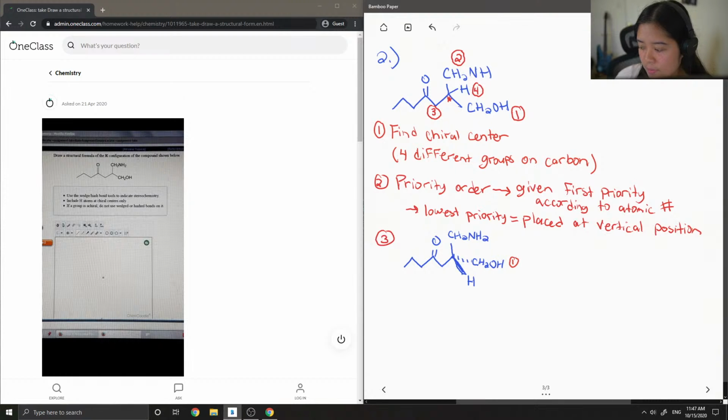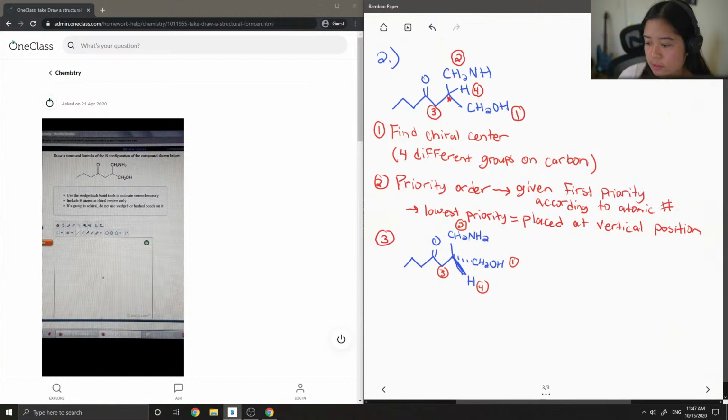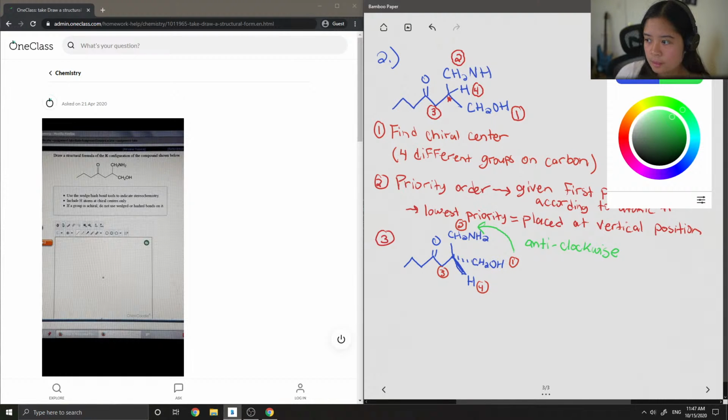I'm just gonna number them again. 1, 2, 3, 4. And then if you were to look at the direction of the numbers, it kind of goes in an anti-clockwise direction. And this is what we want for the R configuration.